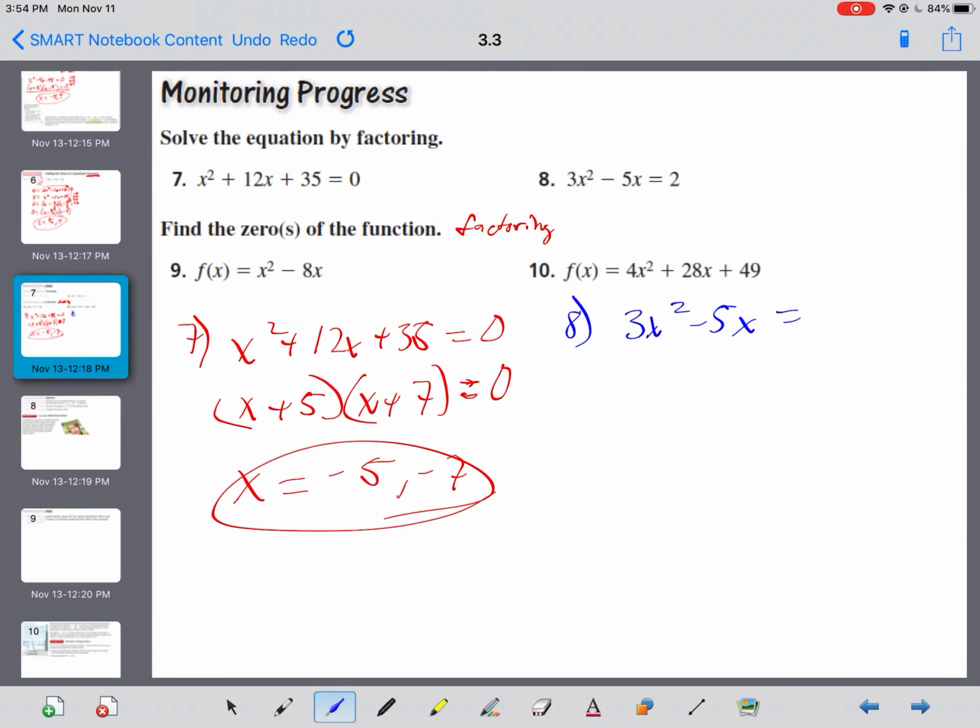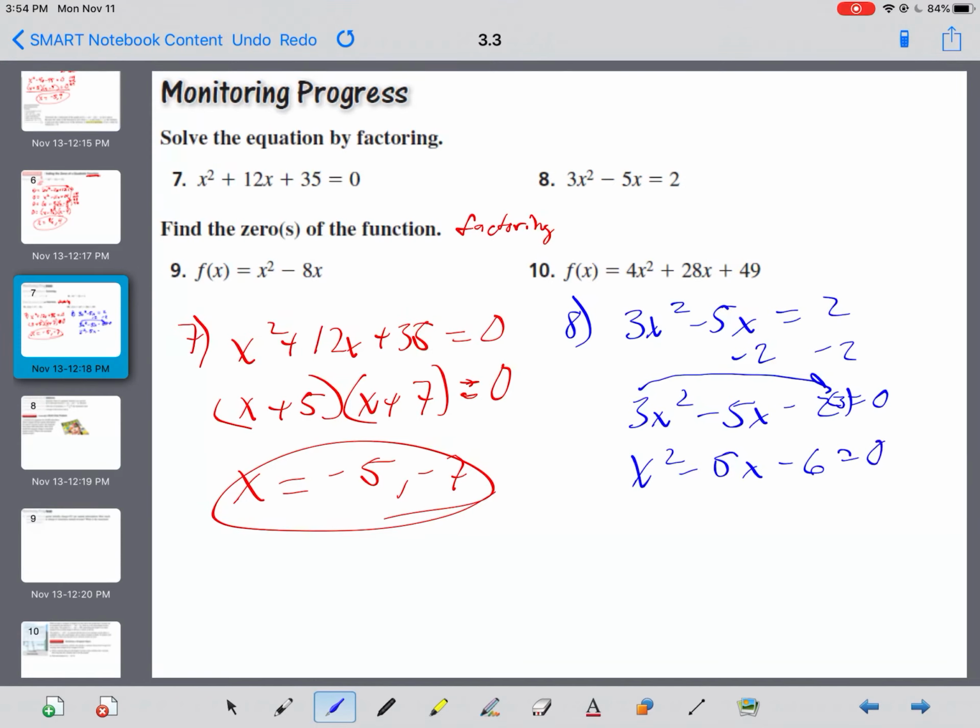3x squared minus 5x equals 2. Move your 2. Get it set equal to 0. 3x squared minus 5x minus 2 equals 0. They don't have a greatest common factor, so slide to the back. X squared minus 5x minus 6 equals 0. Factors of 6 that subtract to 5, that would be 6 and 1, and we need a negative 6 and a positive 1 so we can get to negative 5, and if you slide it, you got to divide it.